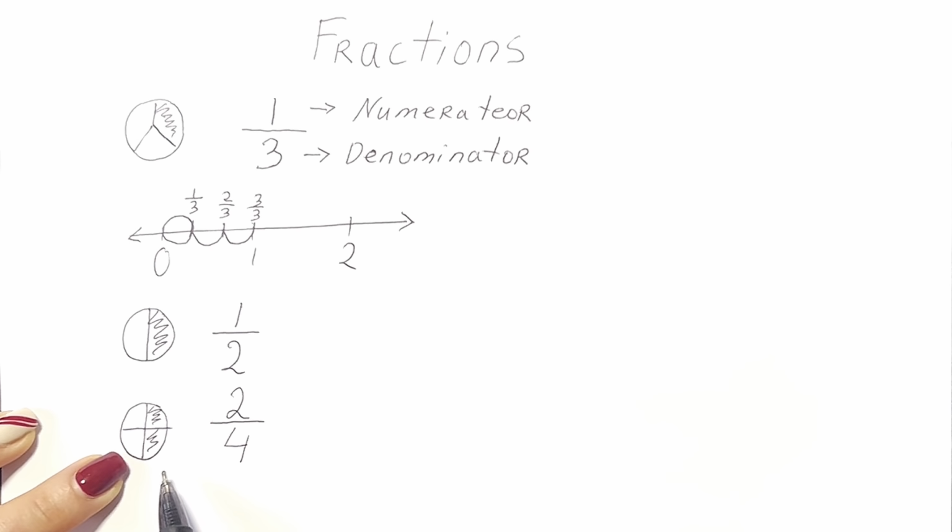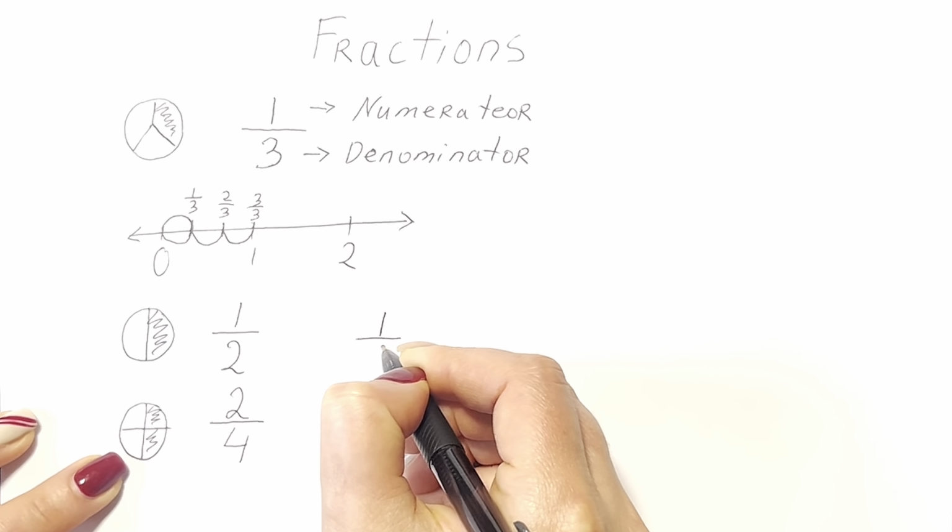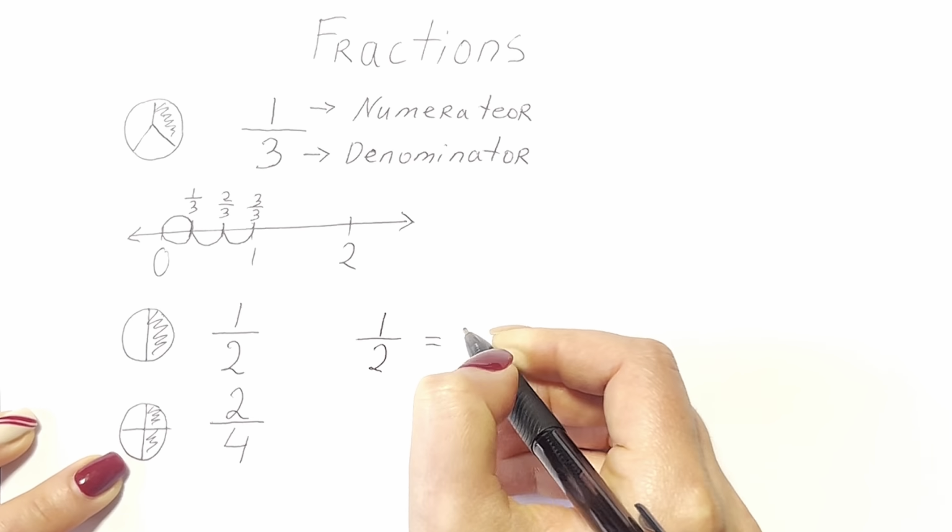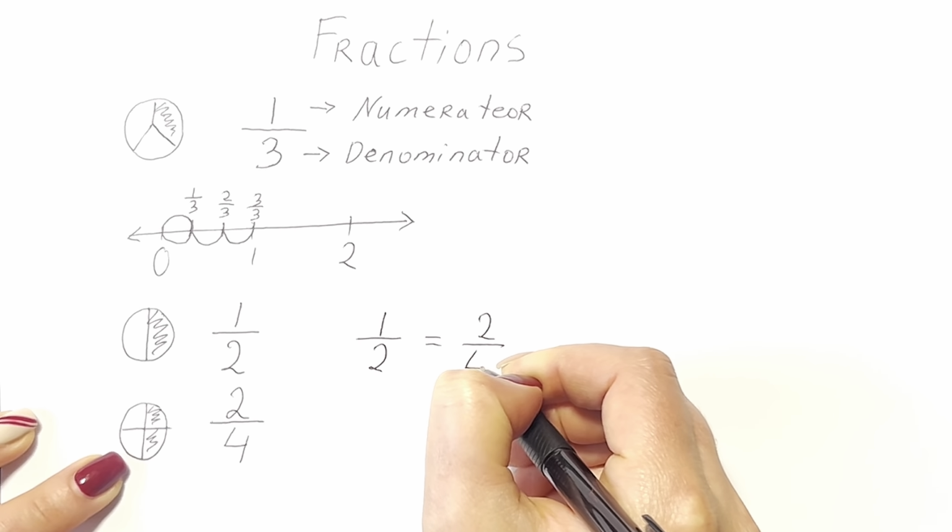Okay, if you see, these 2 fractions are different, but they are equivalent because the value is the same. Look, here and here, I'm gonna eat the same amount of the pizza. Okay, 1/2 is equal to 2/4.